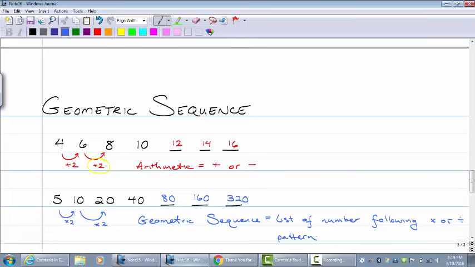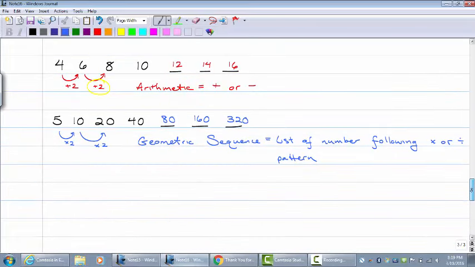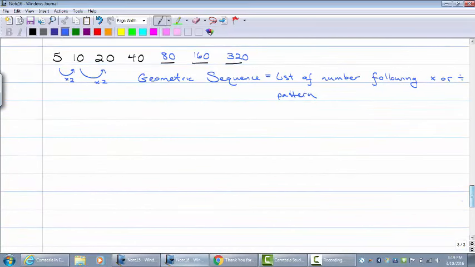We're still going to have all the same characteristics otherwise. We will eventually talk about making them into a series. We'll talk about what it means to skip a level, and we'll talk about what it means to go down as opposed to getting bigger. So the big deal with a geometric sequence, however, is that instead of plus or minus, we're now talking about times or divided by.